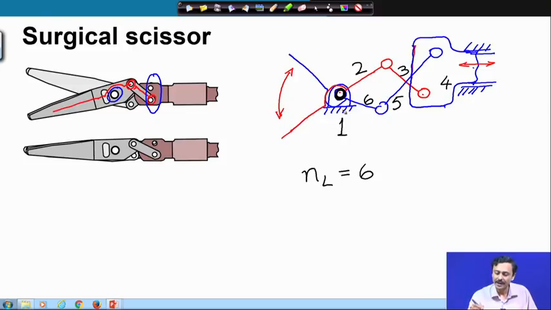For example, 1 and 2 there must be a kinematic pair, and 1 and 6 there must be another kinematic pair. We should count them separately. So, at this point there are two kinematic pairs. So, we should count 2, 3, 4, 5, 6, which is the prismatic pair, and this is the 7th kinematic pair.